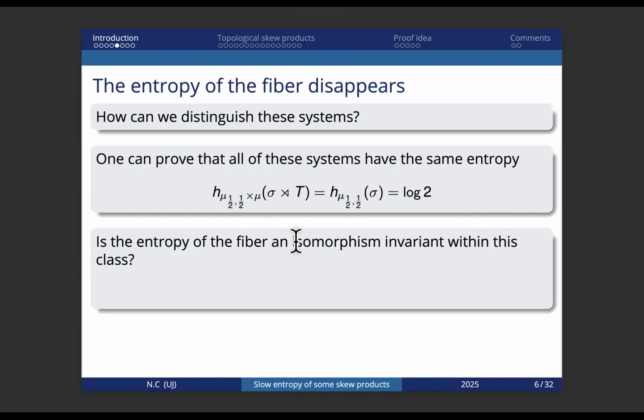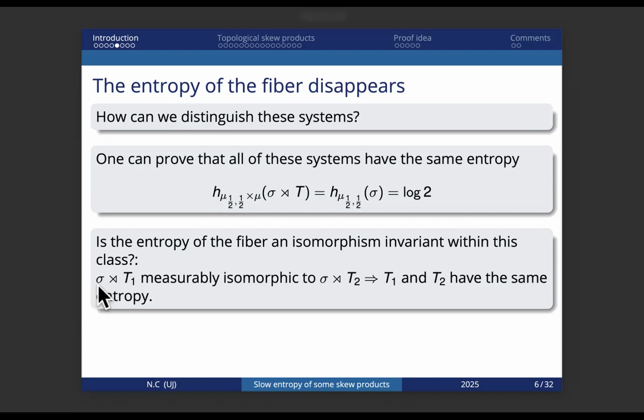So then we can ask if the entropy of the fiber, the entropy of T, is an isomorphism invariant within this class of systems. That means that when shift times T1 is isomorphic to shift times T2, then T1 and T2 have the same entropy.